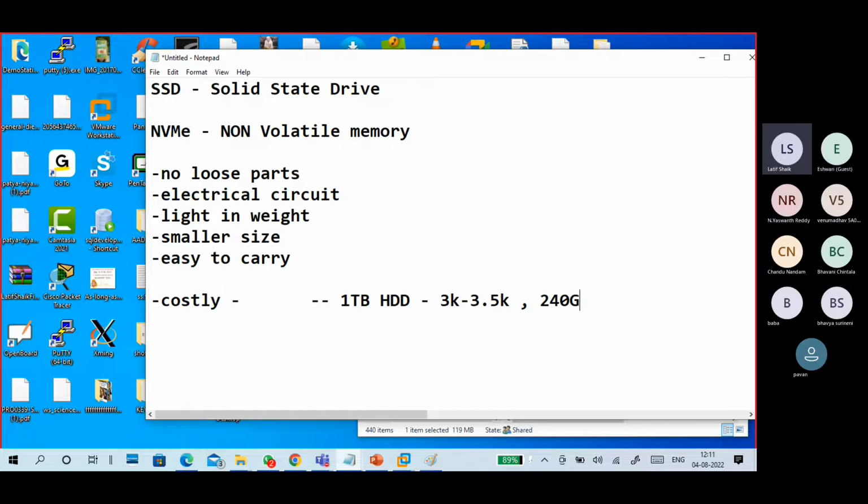A 240 GB SSD is also around 3,000, approximately 3,000.